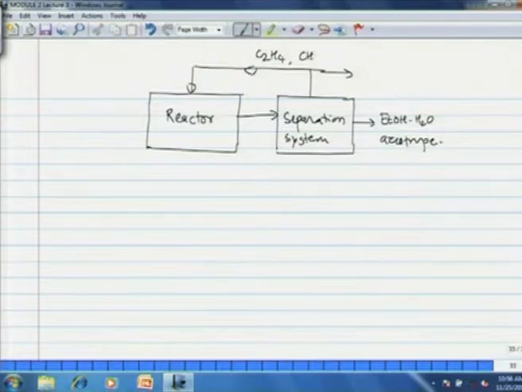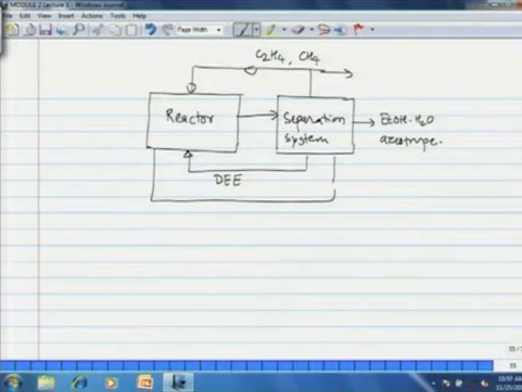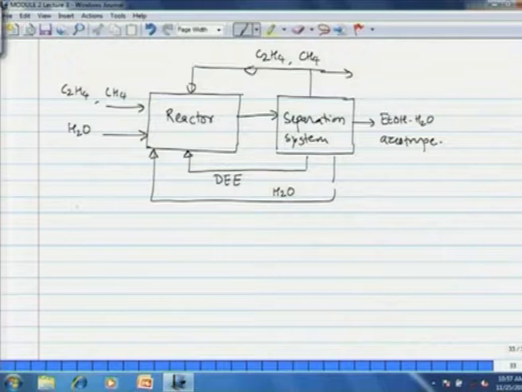The ethylene may also have some impurity of methane, and the 2 side products diethyl ether and water are recycled back to the reactor. Here the limiting reactant is water, and some water leaves the process with azeotrope.